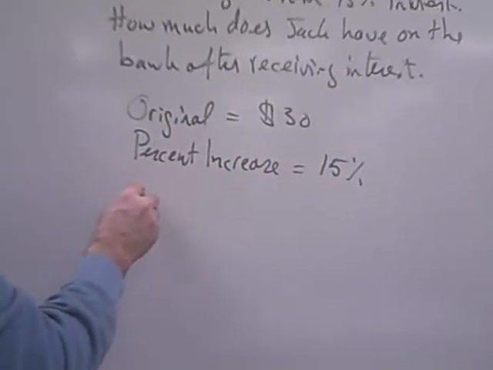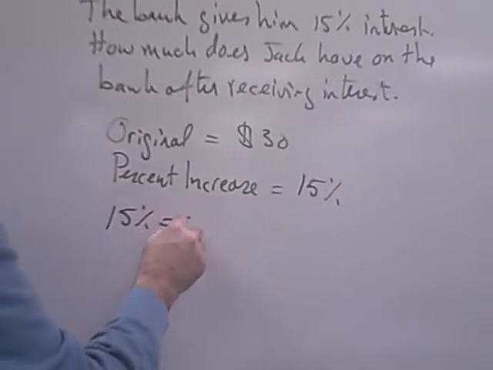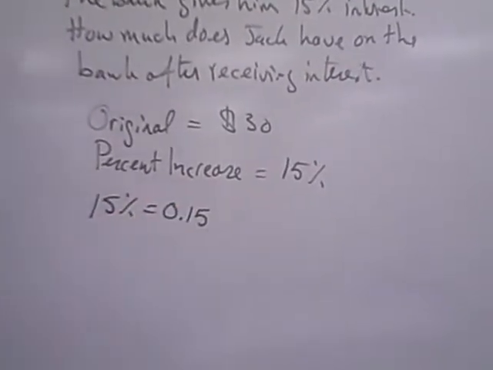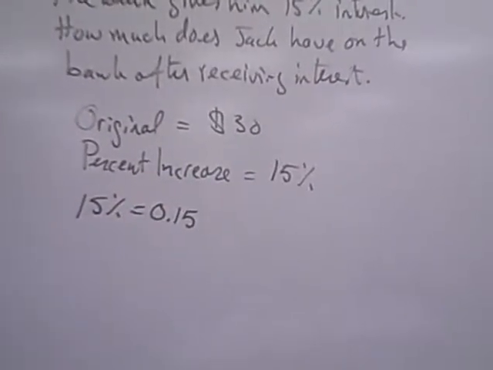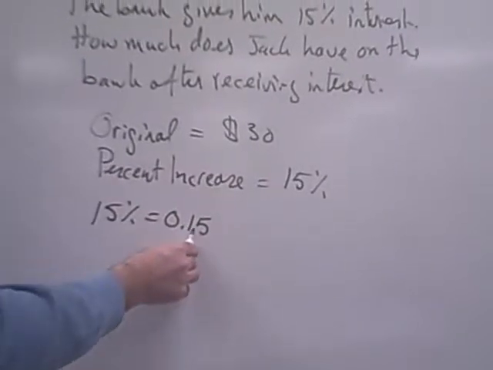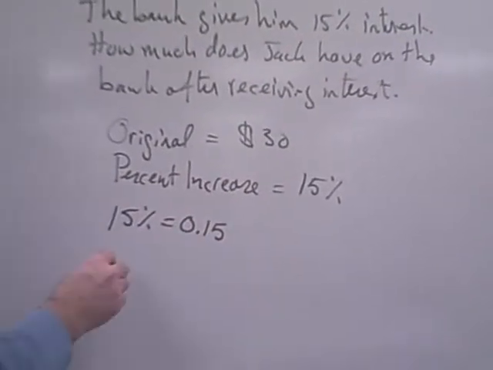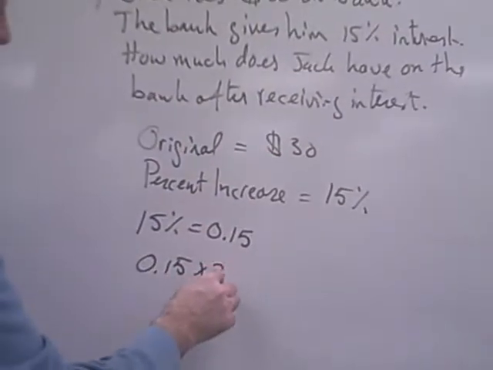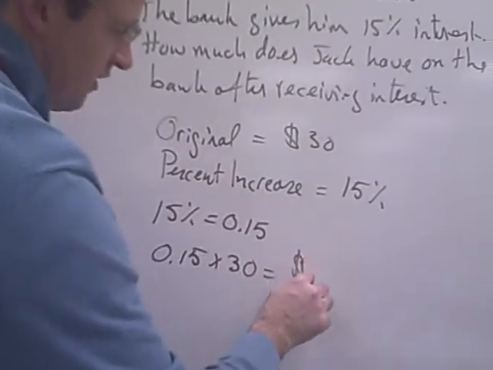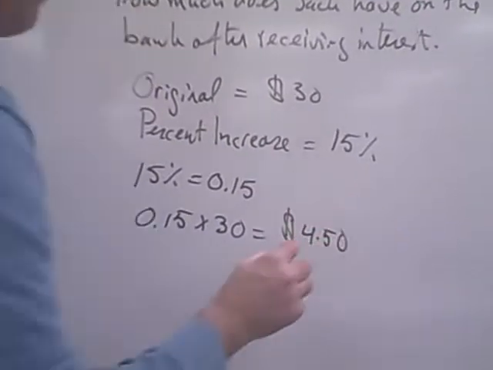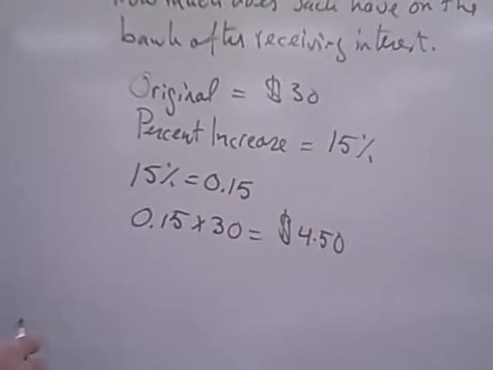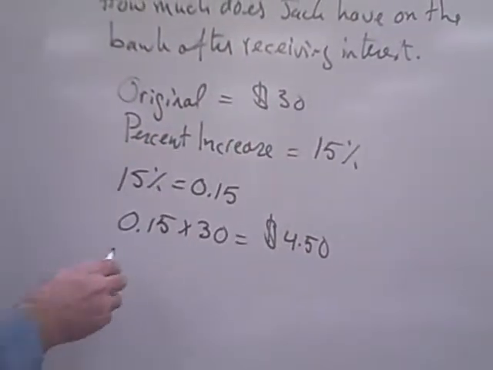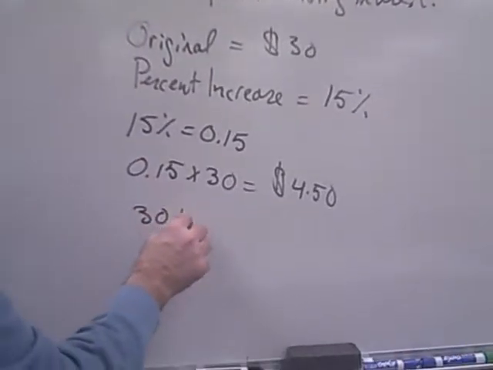The way we do that is we rewrite 15% as a decimal number, that's 0.15, by moving the decimal point 2 spots to the left, and we then multiply that number by the original amount, which was 30, and I get $4.50. I then add $4.50 to 30 to get the total amount.